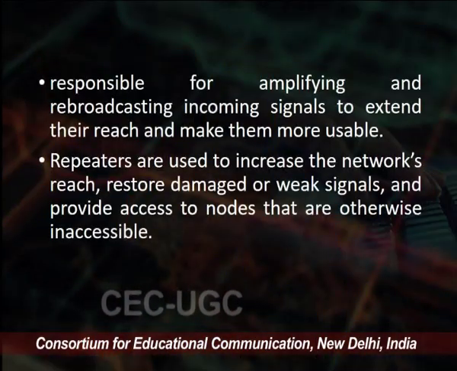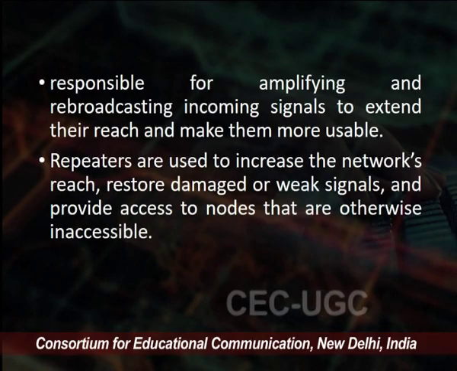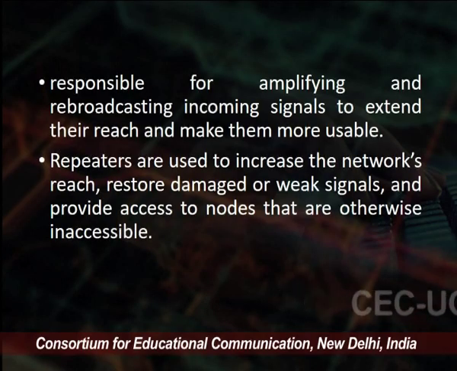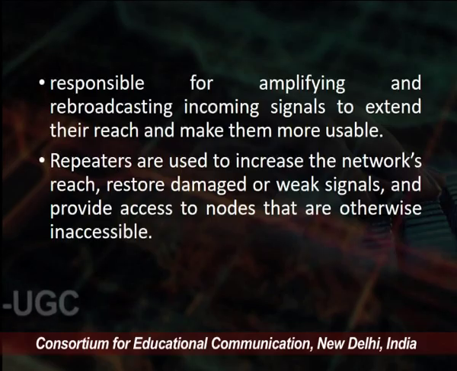By extending the reach of the signals, or by rebroadcasting the incoming signals, the repeaters have increased the network's reach. They have also restored the damaged or weak signals, and provide access to the nodes that are otherwise inaccessible.